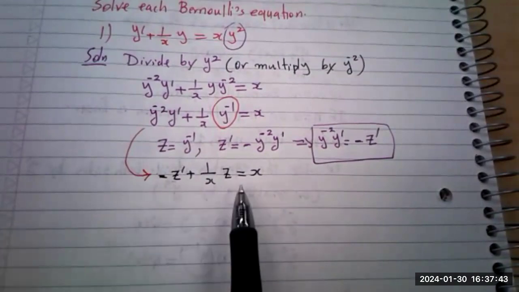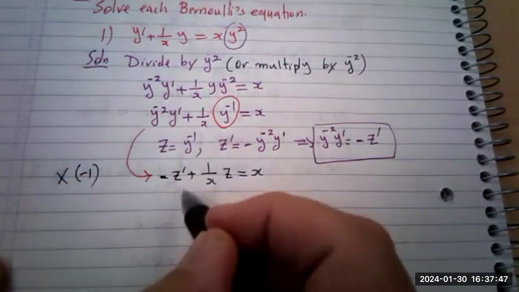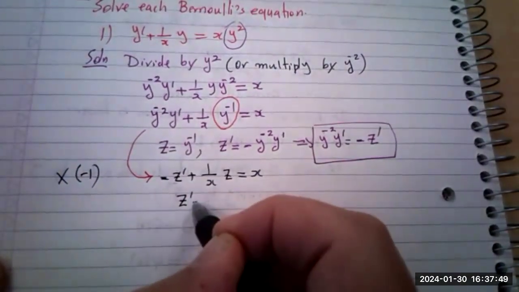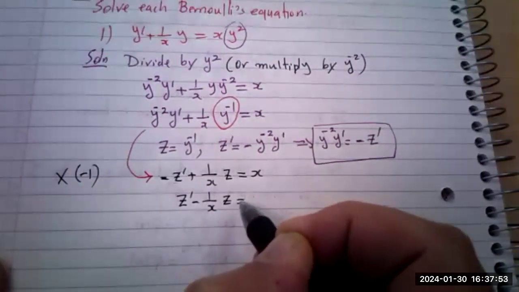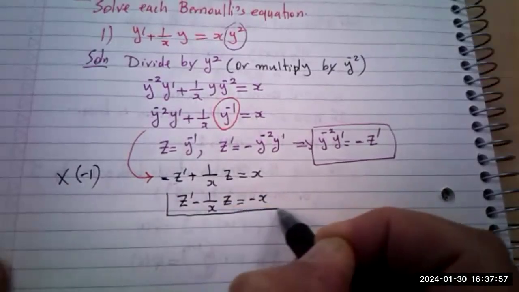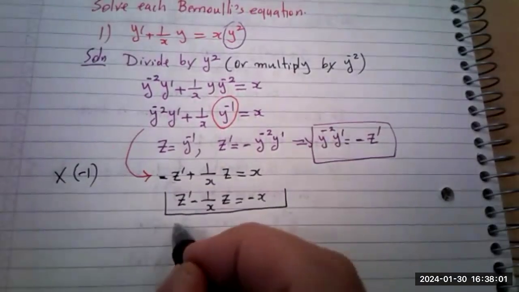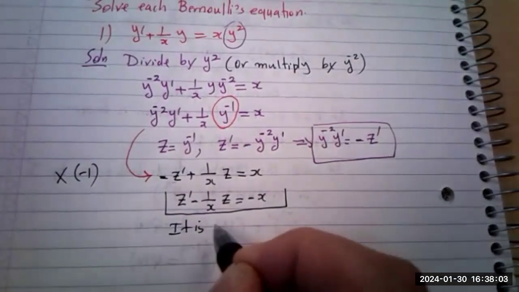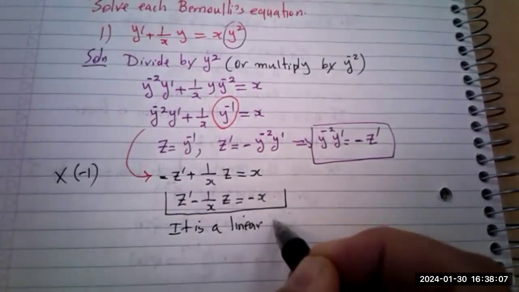So multiply both sides by negative 1. That gives you z prime minus 1 over x z equal to negative x. This is the linear equation.